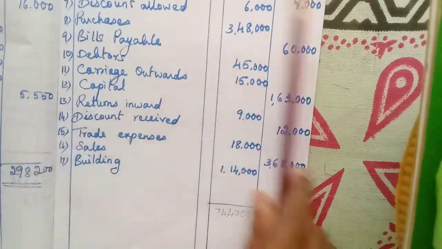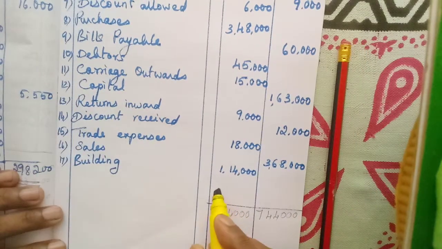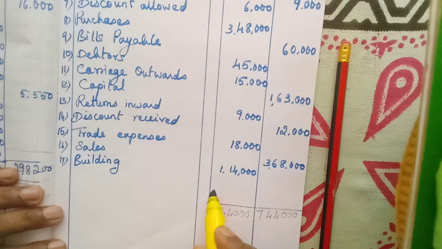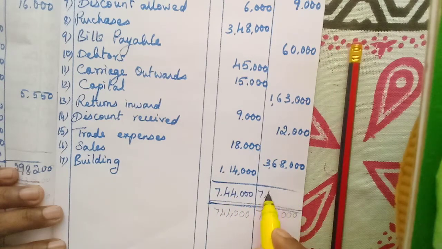Okay. So now you can write that one. Here I do not have eraser. So I am writing here itself. Total double line. Okay. 7,44,000. Since you have the eraser with you, you can rub and you can write like this.